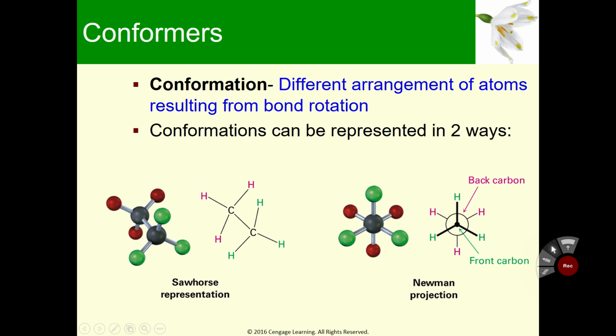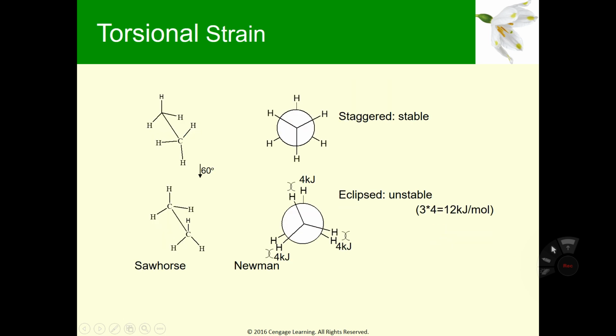in the Newman projection. So if you have organic compounds, first try to draw the sawhorse representation and try to convert this sawhorse representation into the Newman projection, right? This is the sawhorse representation, and this is a Newman projection. You just rotate 60 degrees between this carbon and this carbon, and we can imagine the Newman projection of this carbon here.